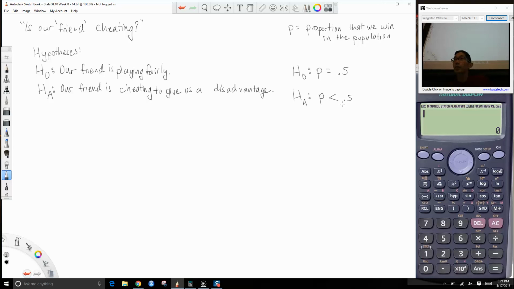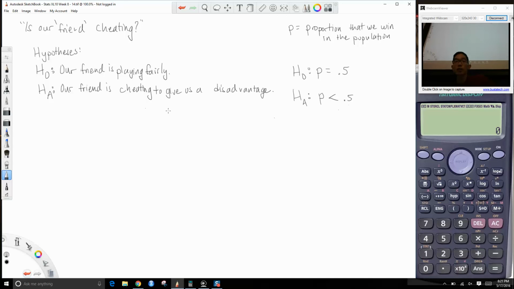And so it's either he's not cheating, we're playing fairly, or we're winning less than what we expect. Does it matter that on the left side you phrased it as our friend is cheating to give us a disadvantage as opposed to our friend is cheating to give himself an advantage? Okay, it really comes down to what P defines. If P is the proportion that we win, it makes sense that we check P is less than 0.5.